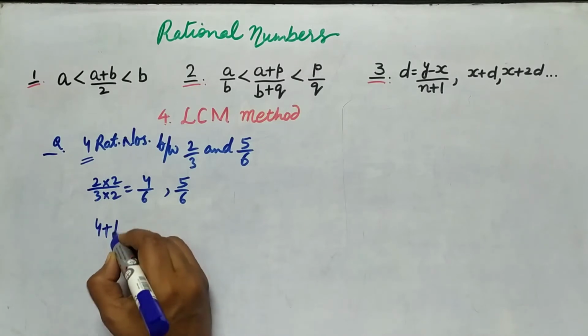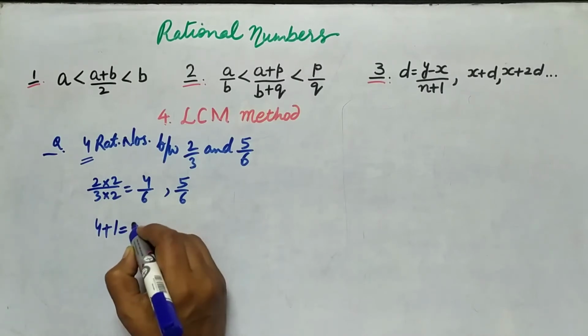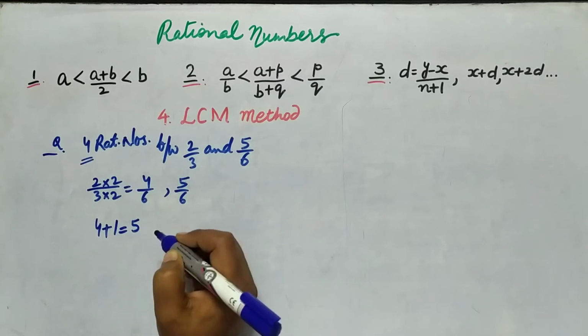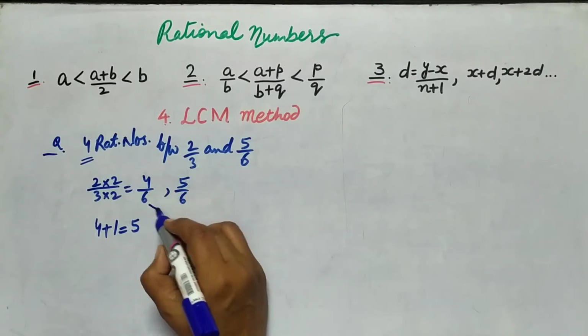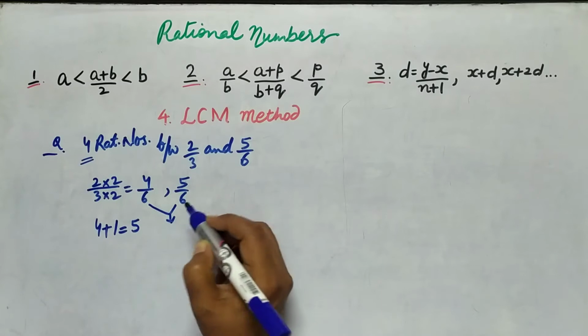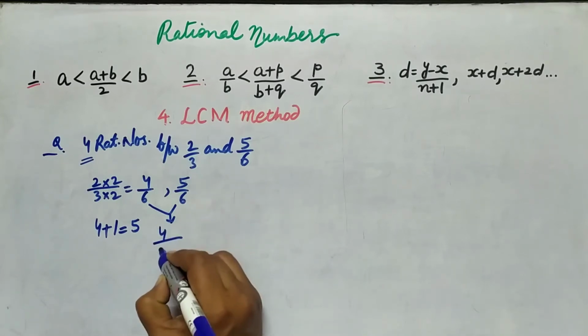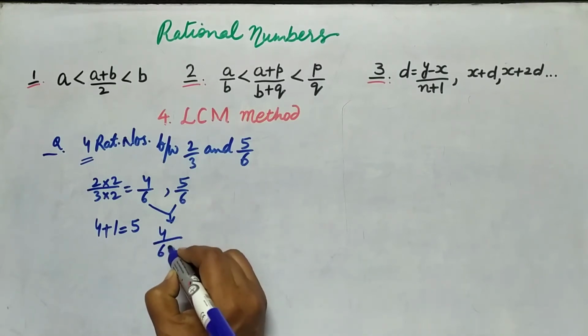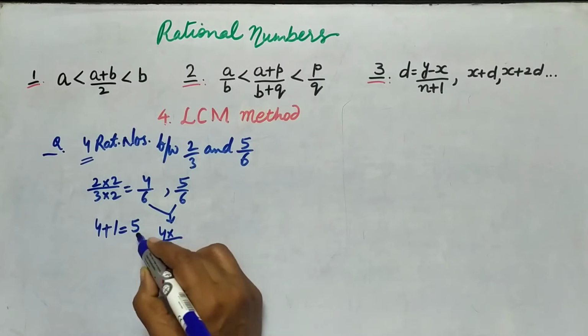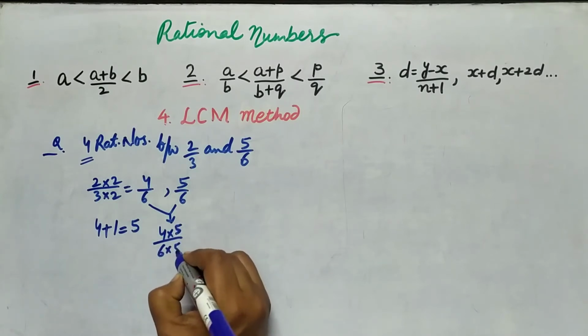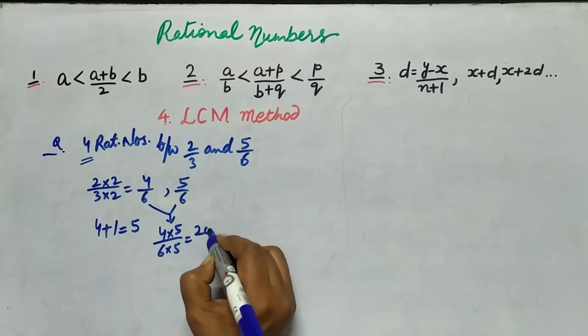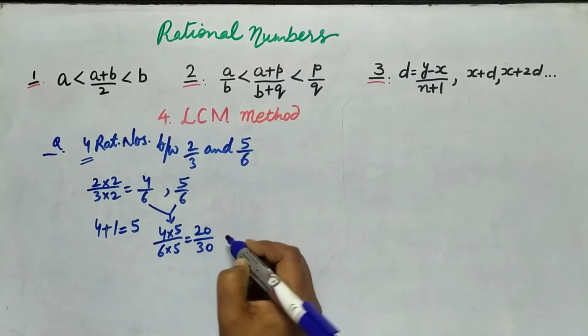we take 4, increase it by 1, it is 5 now. We multiply both numerator and denominator of these two numbers by this 5. 4 5s are 20, 6 5s are 30.